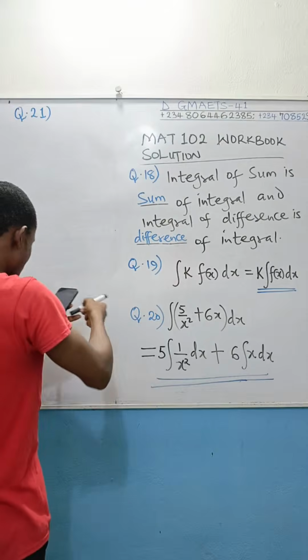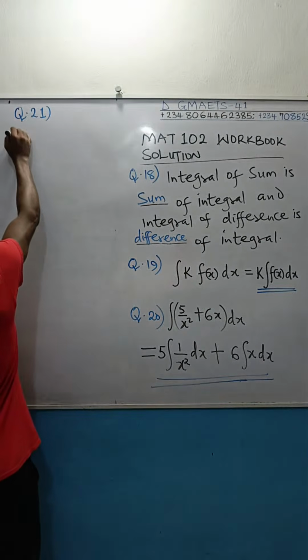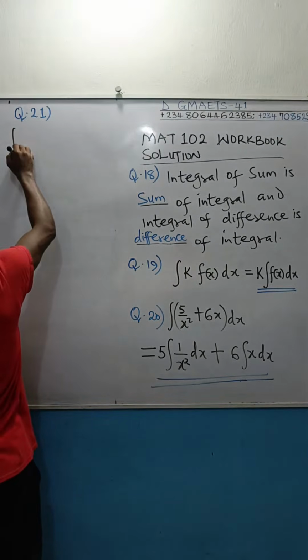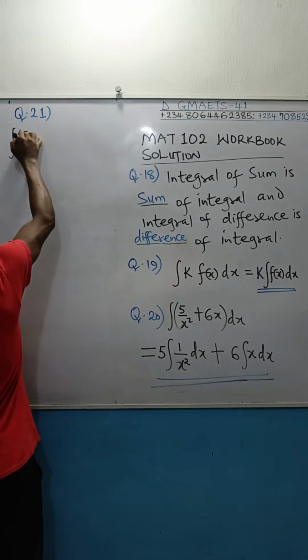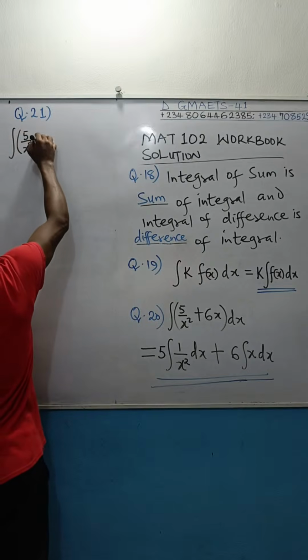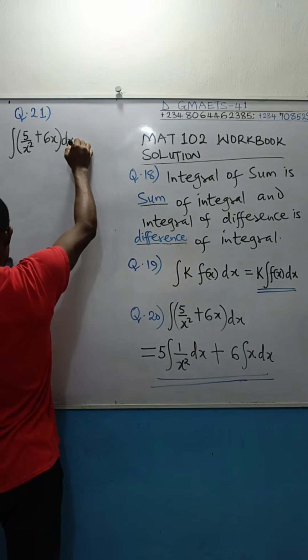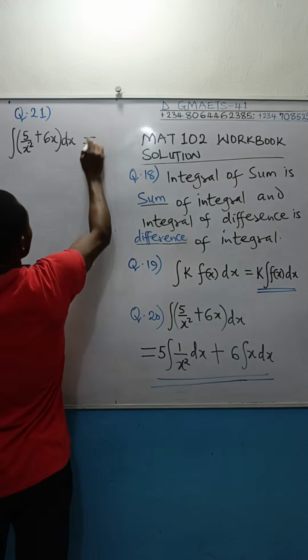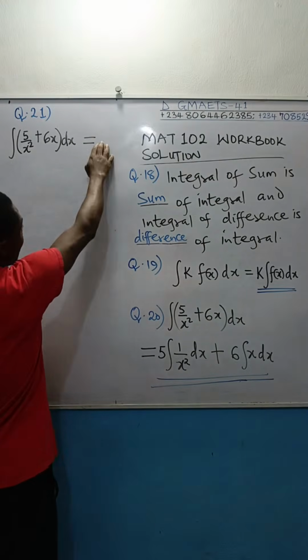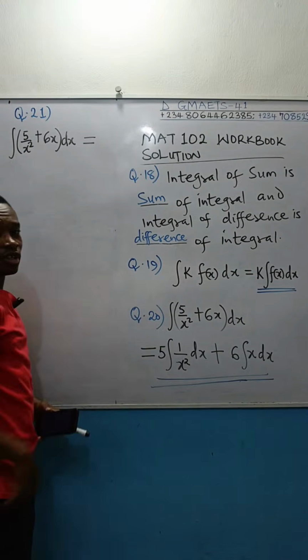So in question 21, you were given this integral: 5 over x squared plus 6x, close bracket, dx is equal to. A space was provided for you to write the result of this.